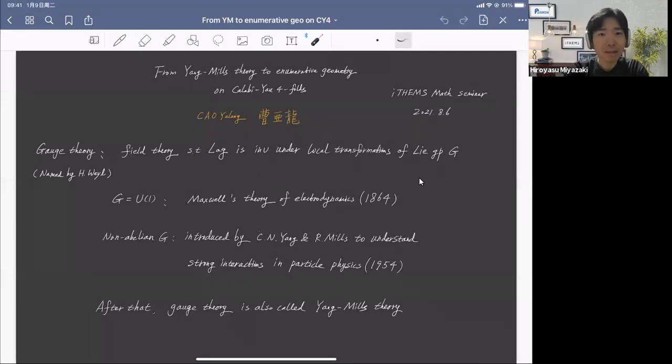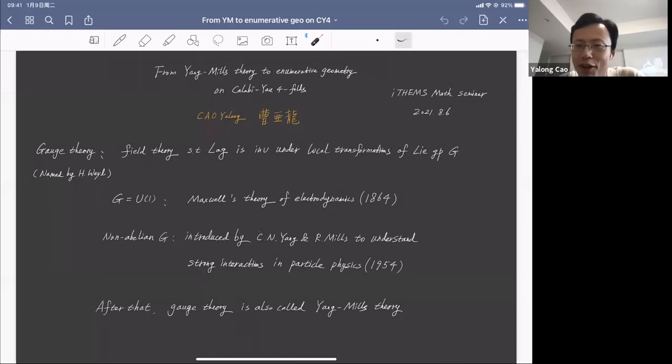So in this talk, he is going to explain about Yang-Mills theory and enumerative geometry on Calabi-Yau fourfolds. I think he is going to explain some introductory things in the first part at least. But if you have any question, please feel free to ask anytime. So Yalong, please start whenever you are ready.